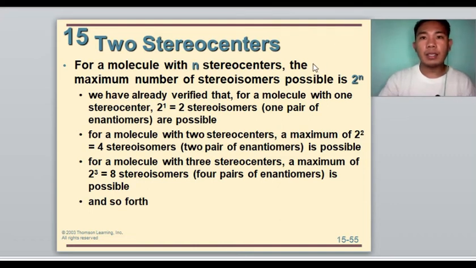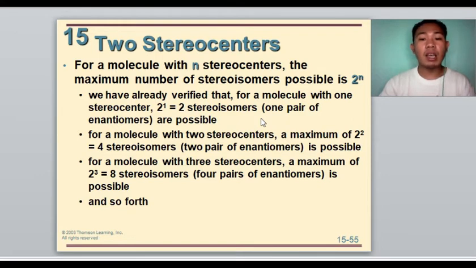Now the question is, how many stereoisomers are possible for a molecule with 2 or more stereocenters? For a molecule with n stereocenters, the maximum number of stereoisomers possible is 2 raised to the nth power. We have already verified that for a molecule with 1 stereocenter, 2 raised to 1 equals 2 stereoisomers.